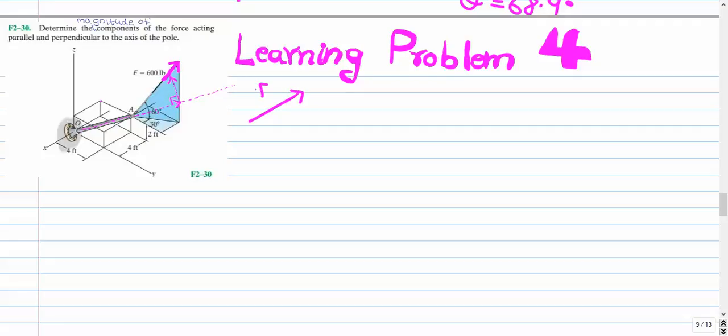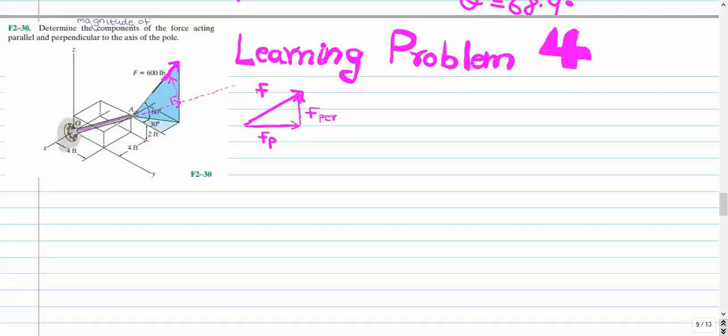This is our force F, while this is the component parallel to the axis of the pole. Let's call this FP, and this is the component perpendicular to the axis of the pole. Let's call this component F per.